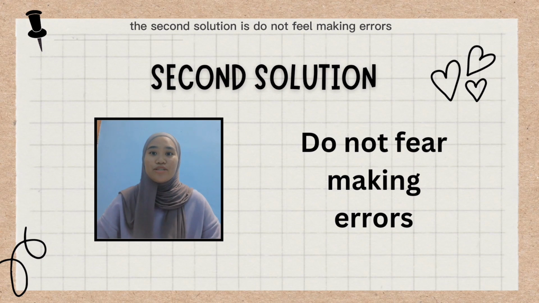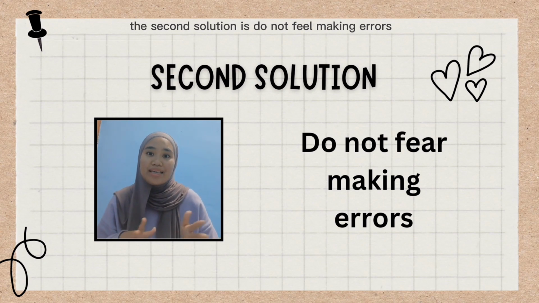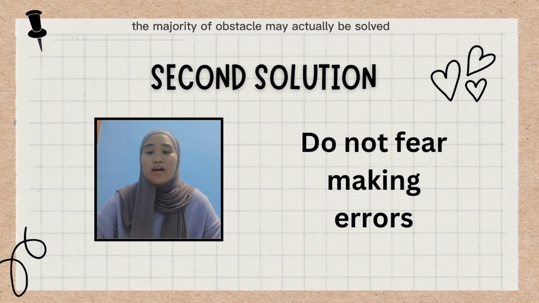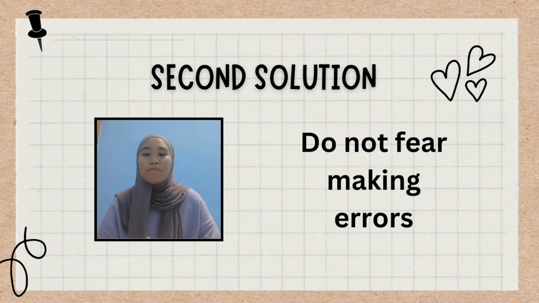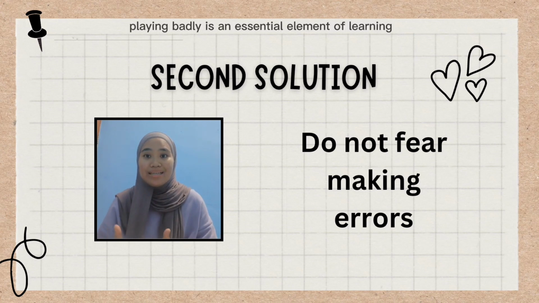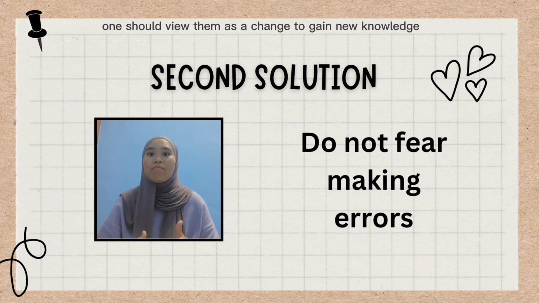The second solution is do not fear making errors. The majority of obstacles may actually be solved by attempting without being scared to fail. Playing badly is an essential element of learning. One should view them as a chance to gain new knowledge.